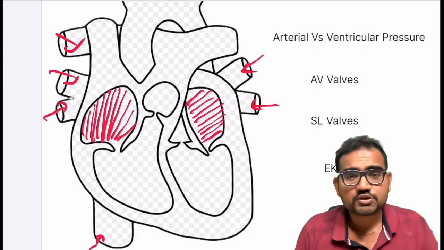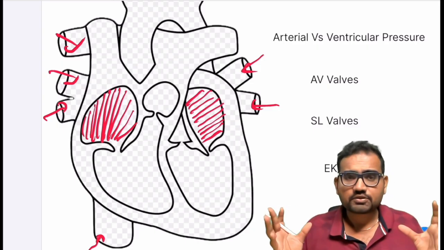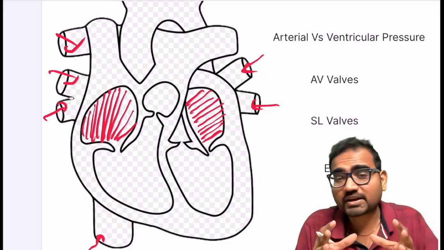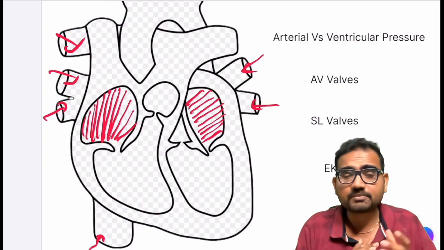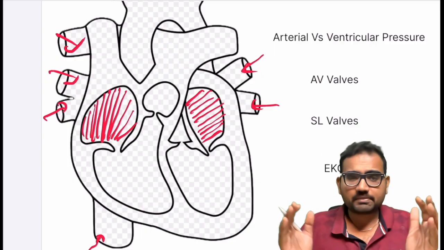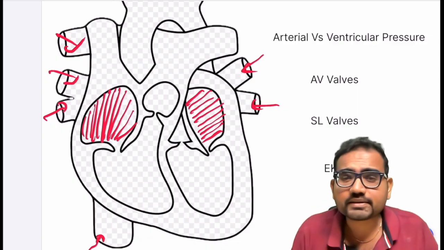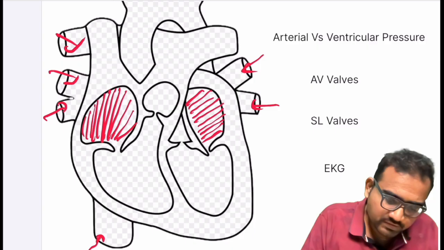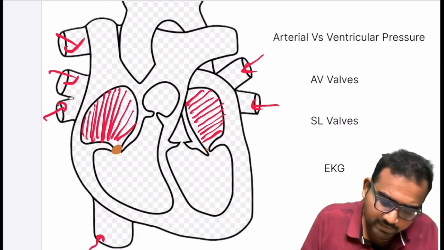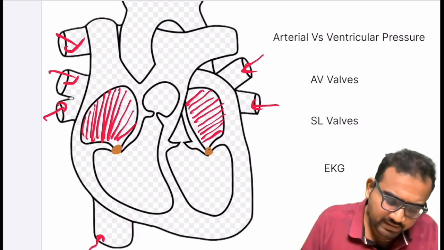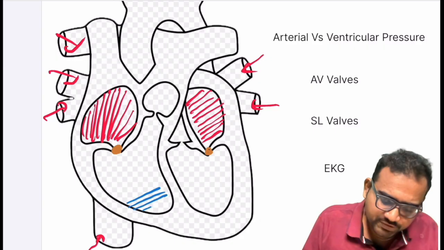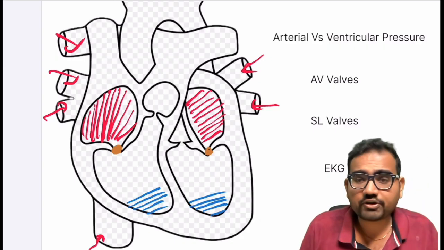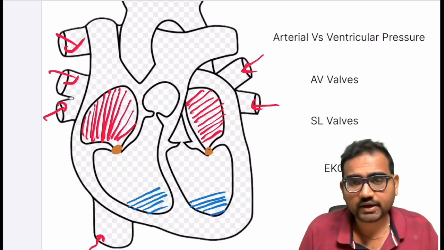So in the ventricular filling, the cardiovascular system receives the blood from the superior and inferior vena cava and the pulmonary veins. Blood gets accumulated in the right atrium and the left atrium. So what happens? These valves are going to open, and there is going to be passive filling, with no pressure, of the left ventricle and the right ventricle.